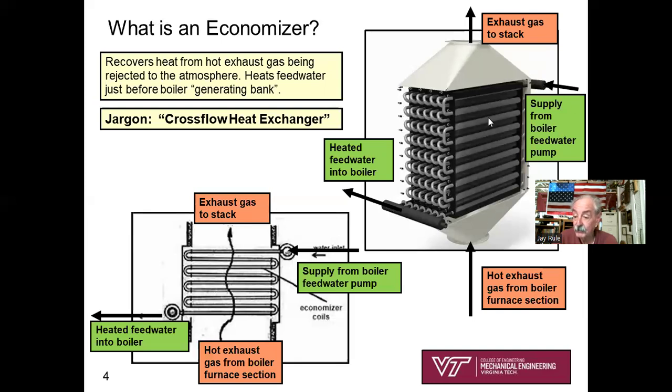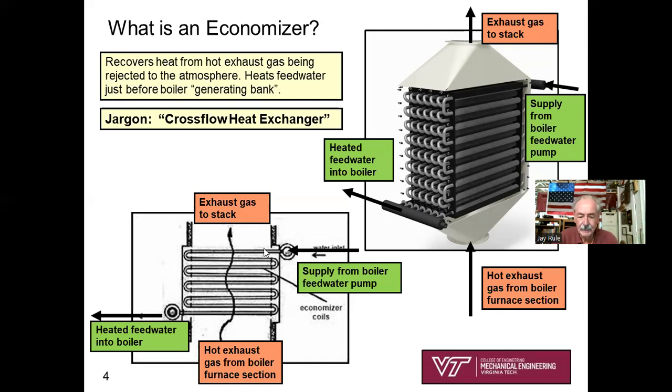So therefore, the feed water is being heated up some by reducing the temperature of the exhaust gas. So we are recovering, it's almost like free energy. We're recovering exhaust gas energy that otherwise would simply be sent to the atmosphere.